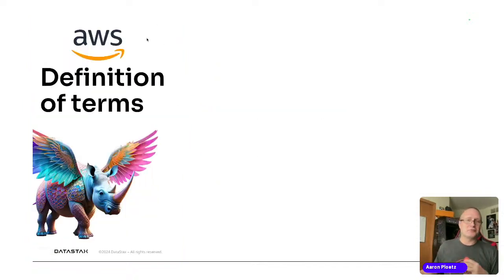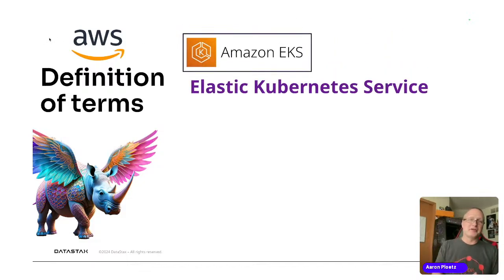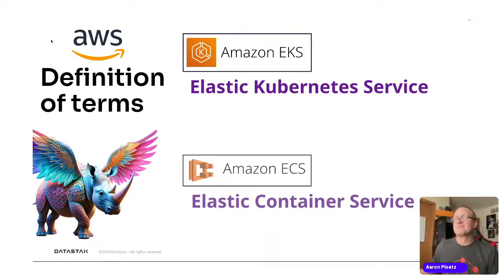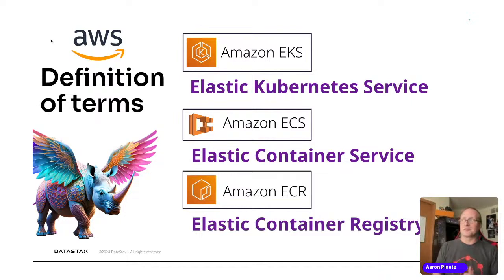All right. So, real quick, a definition of terms. We throw a lot of abbreviations around, especially with some Amazon services, like EKS for Elastic Kubernetes Service, not to be confused with ECS, Elastic Container Service, which is Amazon's service that, if you don't need full-blown Kubernetes, is a way to run a containerized application out in your Amazon cloud.